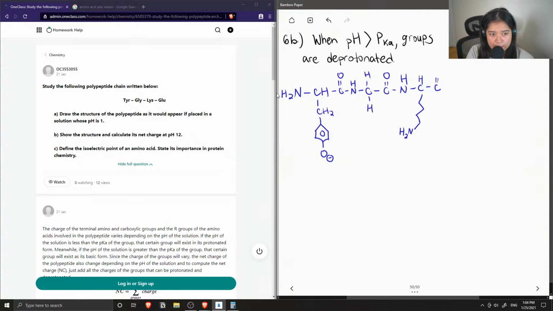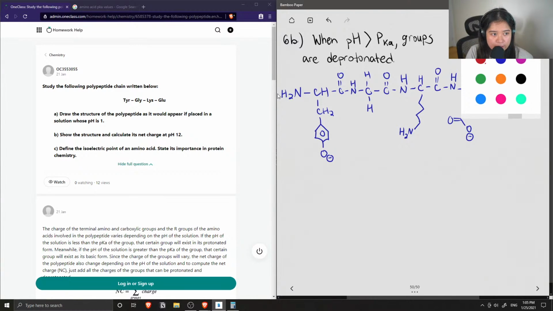And then finally, we'll have our glutamic acid. Its carboxylic acid group is now deprotonated. And the same thing with its alpha carboxy group, it's also deprotonated.